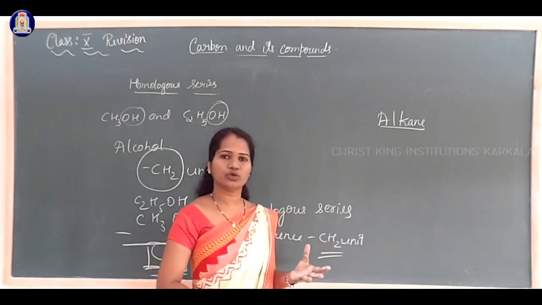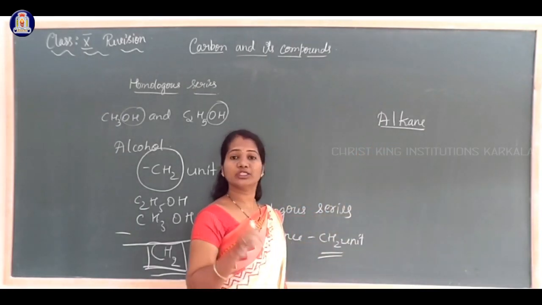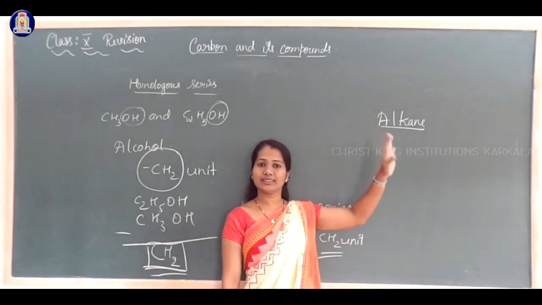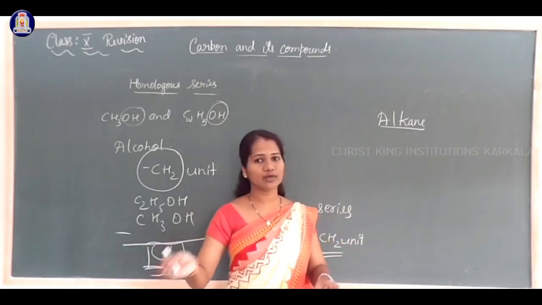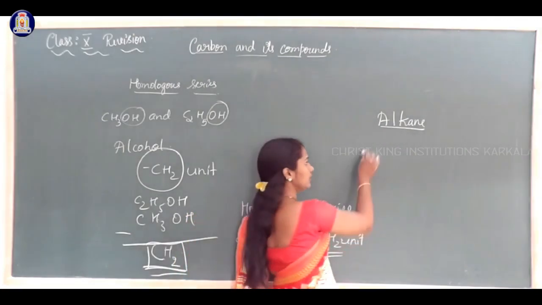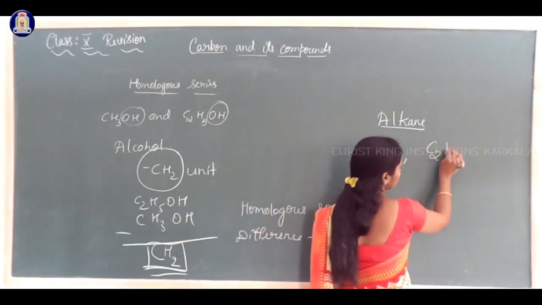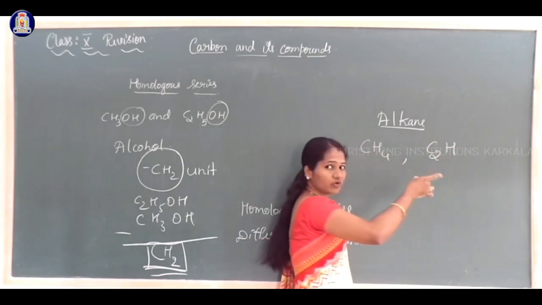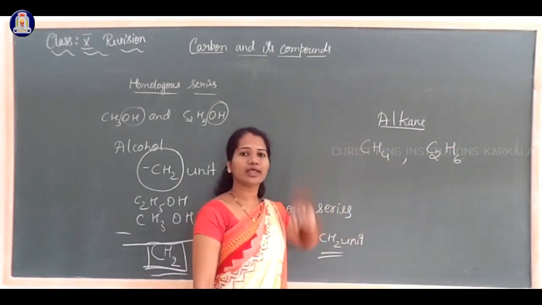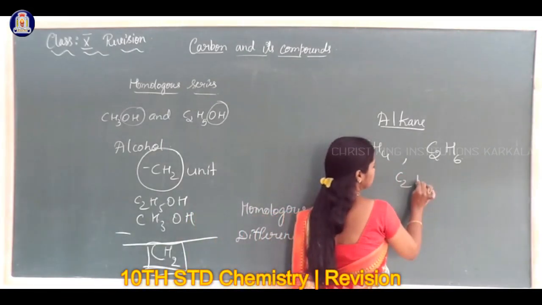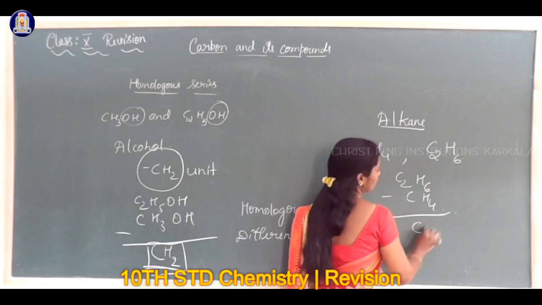So how are you showing? You have to take any two compounds belonging to the alkane family, successive compounds. If the first one is methane, the second one is ethane. Methane formula CH4. Ethane formula C2, H 2 twos are 4, 4 plus 2 is 6, C2H6. And you have to subtract C2H6 minus CH4. So what is the difference you are getting here?